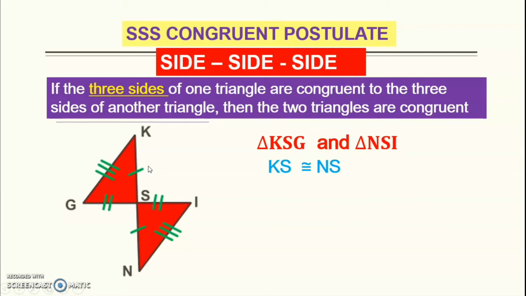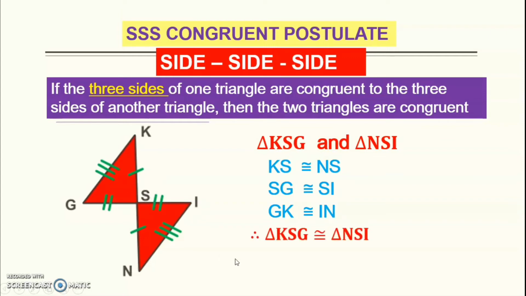Kasi magkapareho sila ng markings. Next, SJ, this side, is congruent to side SI. Then, JK is congruent to IN. Therefore, triangle KSJ is congruent to triangle NSI by SSS postulate.